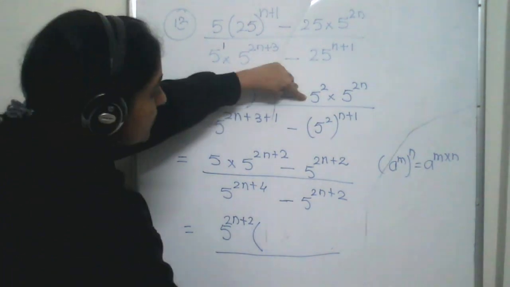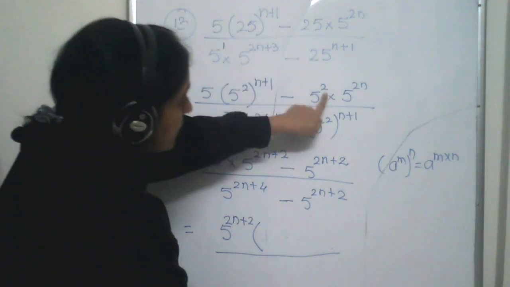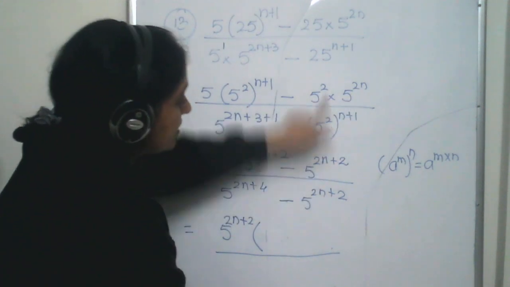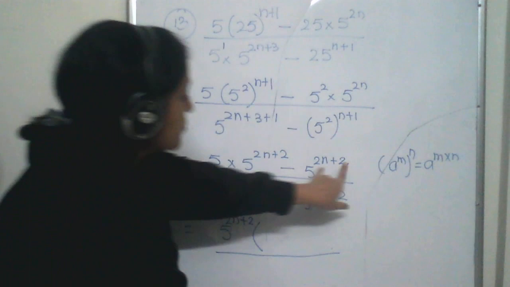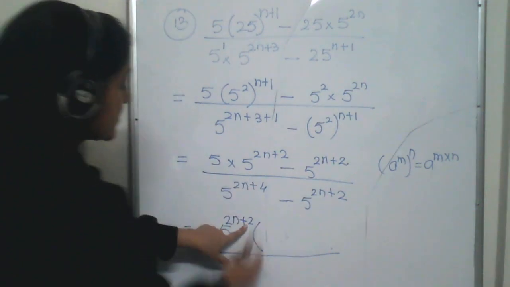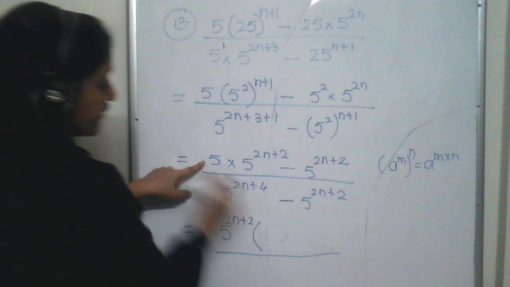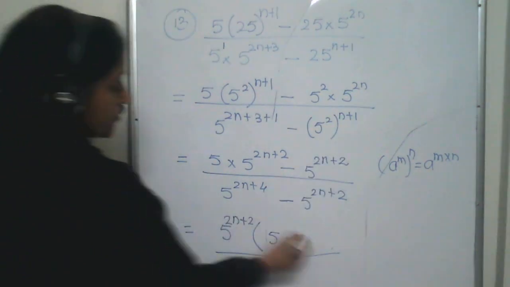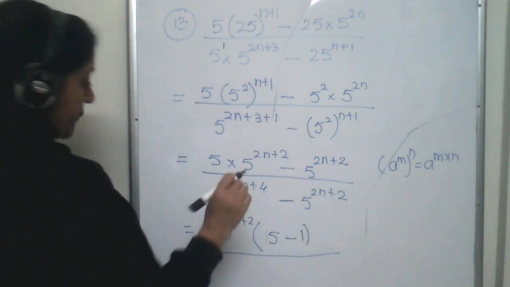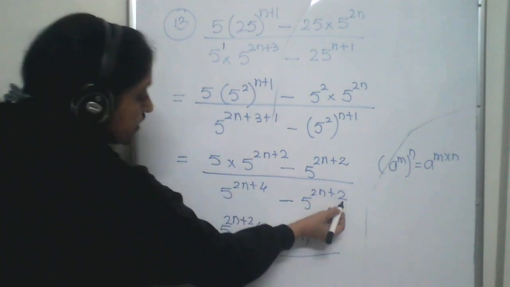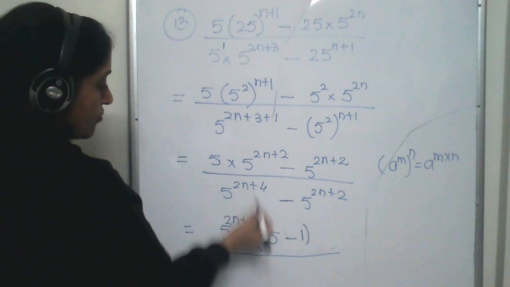See here, it was 5 to the power 2. We have added this to this, so 5 to the power 2n plus 2, 2n plus 2. 2n plus 2, 2n plus 2 being common, 5 to the power 2n plus 2 has come out. Along with this we had 5 here, we have to write minus, if the whole thing comes out we write it as 1. Fine. Now here it is 4 and here it is 2, so it is 2 more here.